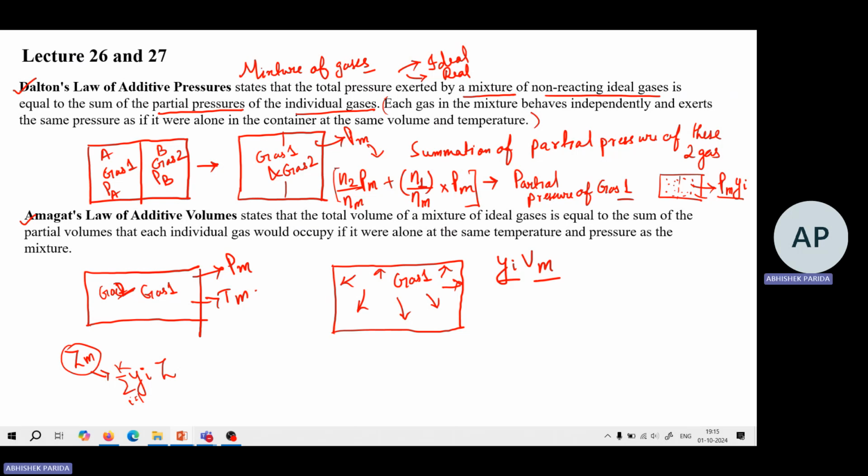And apart from that, we also discussed the changes of various properties such as enthalpy, entropy, internal energy before and after the mixing takes place. How do they change?